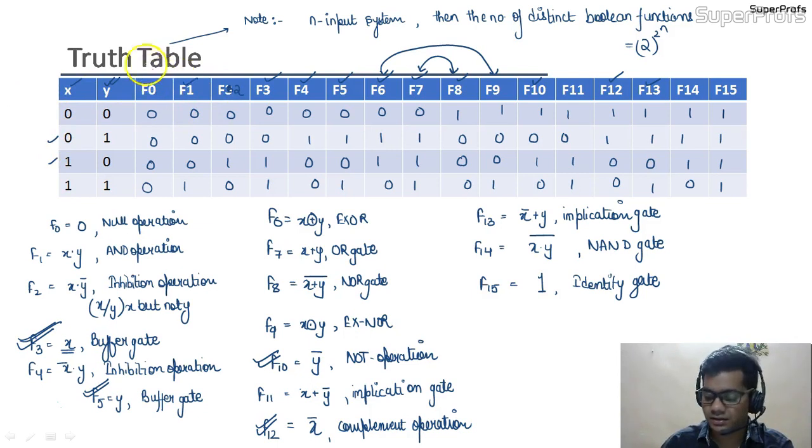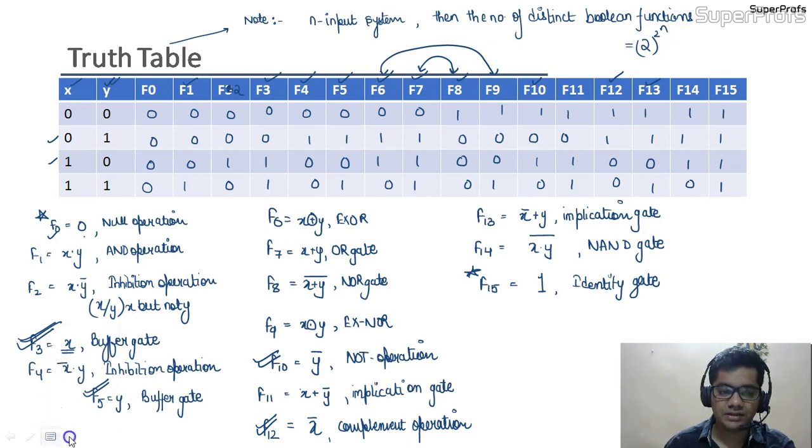Some students are confused why f0 and f15 are not self-dual expressions. Students, in step 2 we have written interchange the identity also. In interchanging the identity, we are converting 0 to 1 and 1 to 0. So if we take the dual of this expression, it would be equal to 1, which is not equal to the original expression. So this is not a self-dual expression.